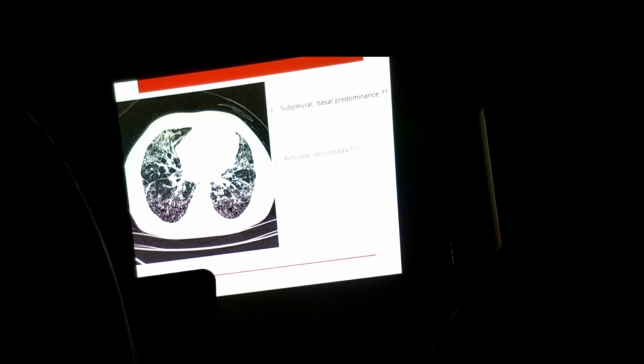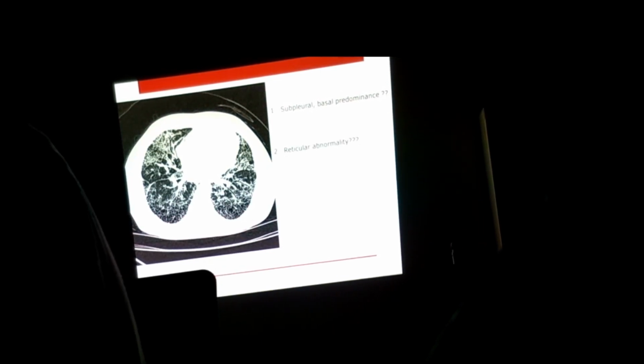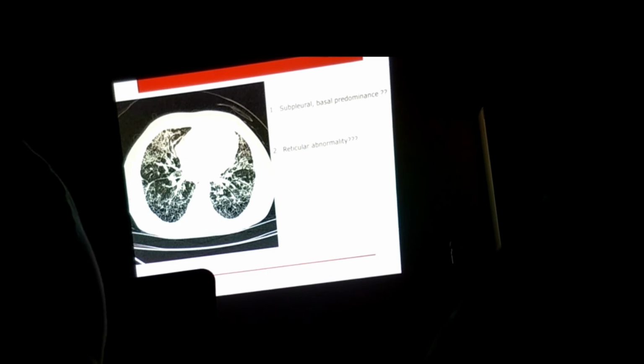Okay, what do you see in this slide? Subpleural. Do you think that this patient has subpleural involvement and basal predominance? Okay, one. Do you think that this patient has reticular abnormality? Yes. This patient has interseptal thickenings.